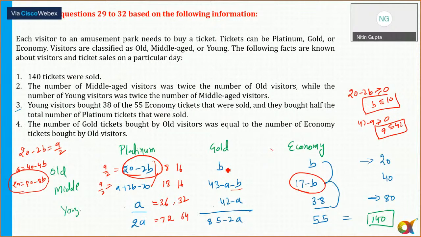So if I take B equal to 3, 17 minus 3 is equal to 14. So what is the value of A if B is equal to 3 here? Let me erase this.